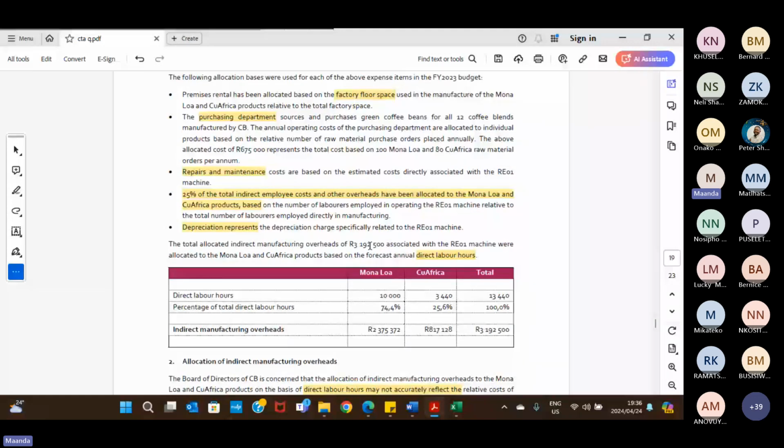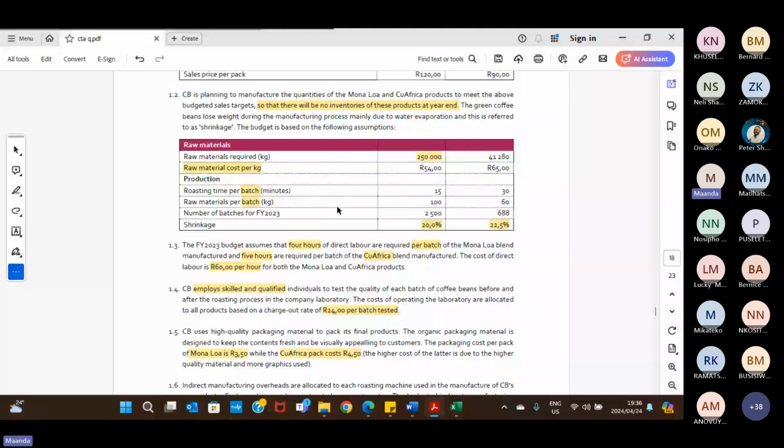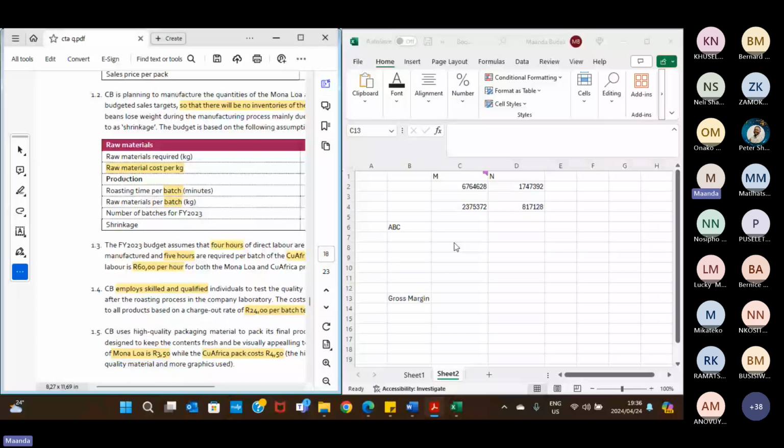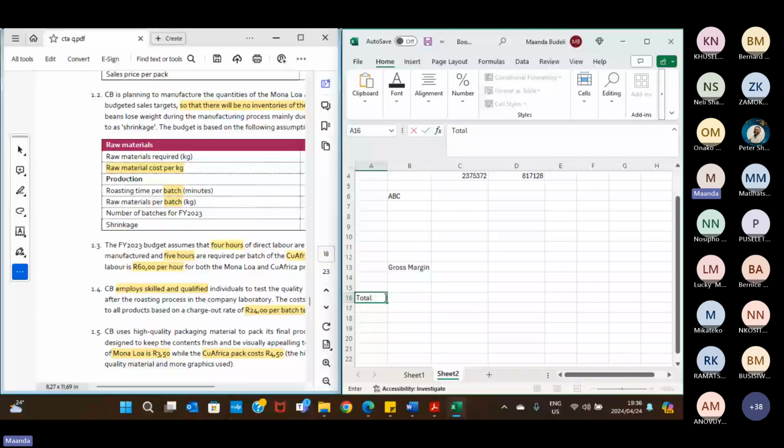And then I can come here, and what they did is that they gave us the roasting time per batch, which is 15 minutes, right? So what is my total roasting hours?